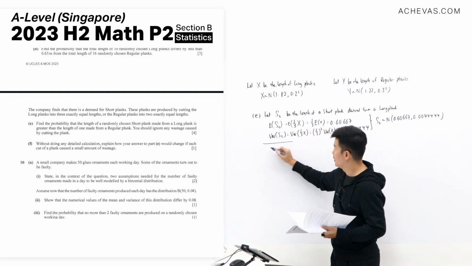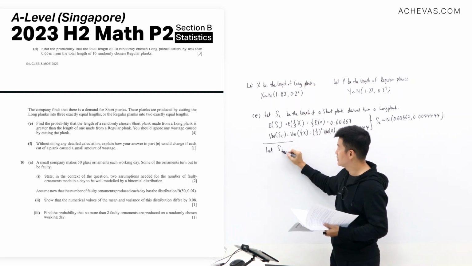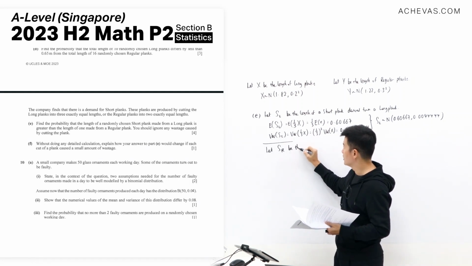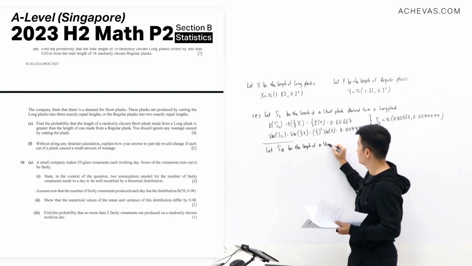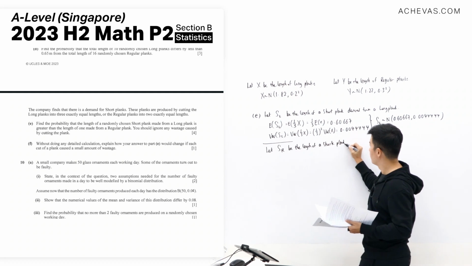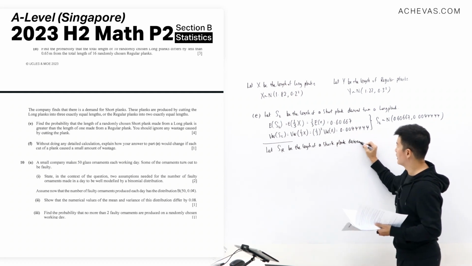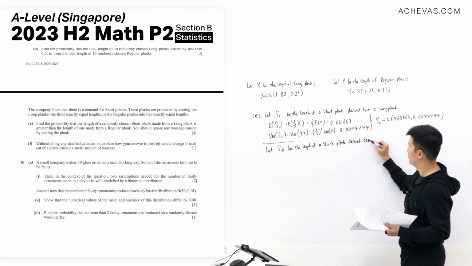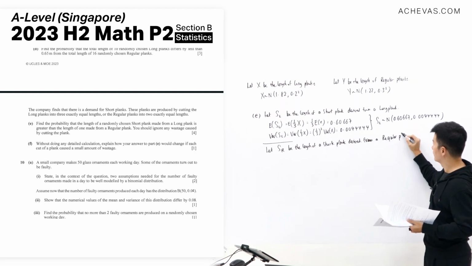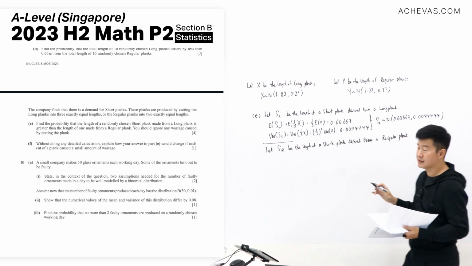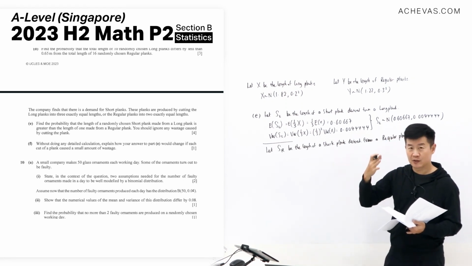We are going to do likewise for the length of the short planks that are derived from the regular planks. I am going to let SR be the length of a short plank that is derived from a regular plank. According to what the question says, a regular plank will be divided into half.